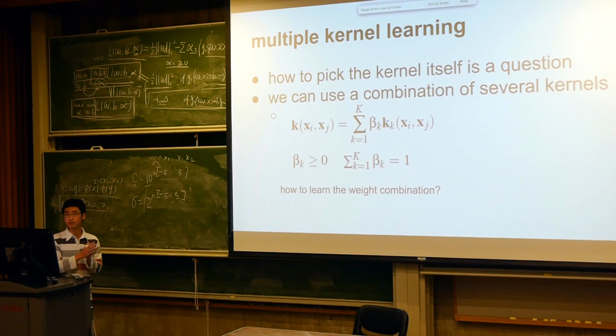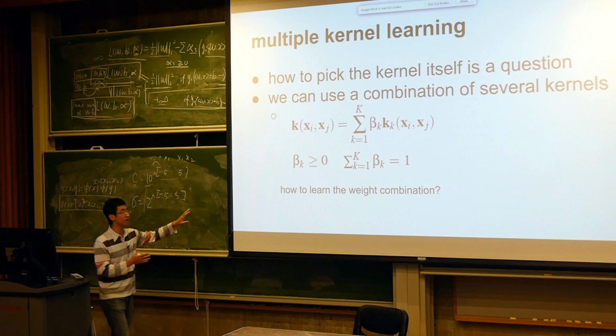Although we usually use the RBF kernel or the polynomial kernel, they may not be the best kernel. We usually use them because they work well on many data sets. It doesn't mean they're optimal. There are some unknown kernels that may perform better than the RBF kernel. So multiple kernel learning gives us a way to explore the optimal kernel combination.